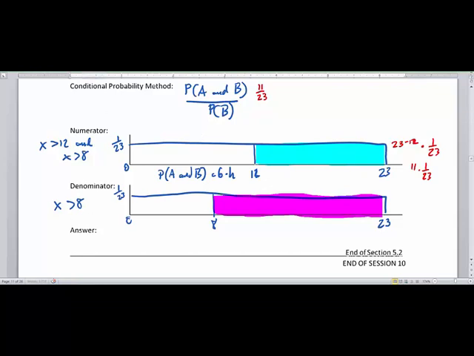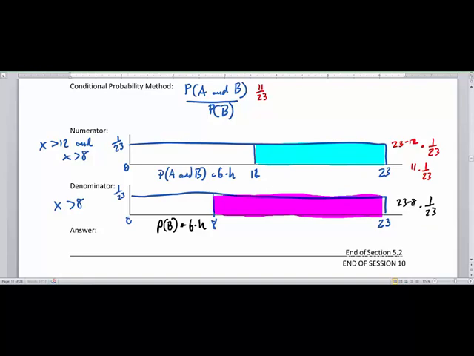So what that is going to give me is the probability of B equal to base times height. The base in this case is going to be 23 minus 8 times 1/23rd.